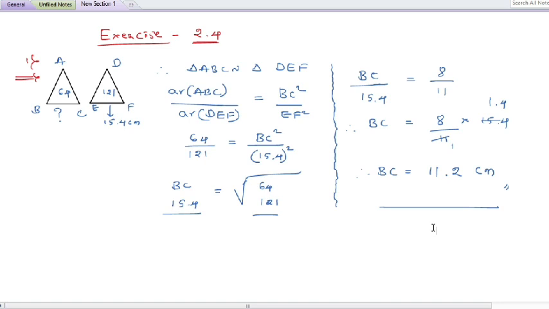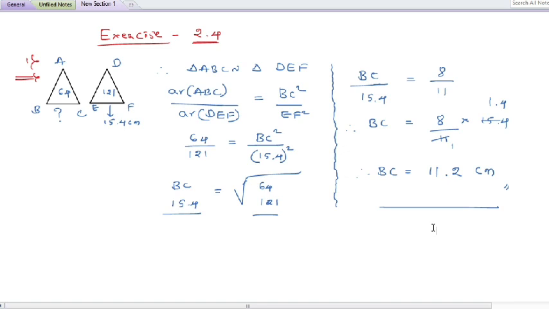So, according to the theorem, if these are similar triangles, then we can write area of ABC divided by area of DEF is equal to BC square by EF square. I have written only BC square by EF square. Why? Because we want the value of BC. Area of ABC is given, what? 64.